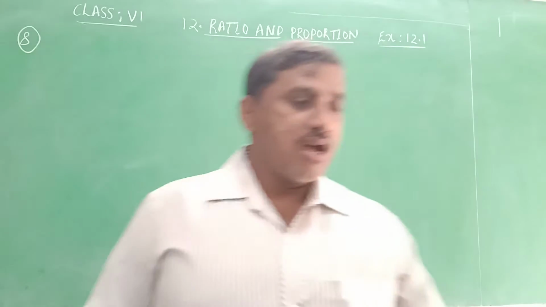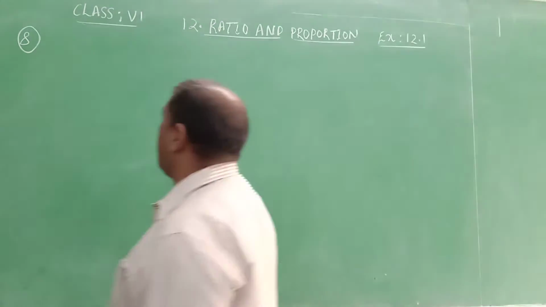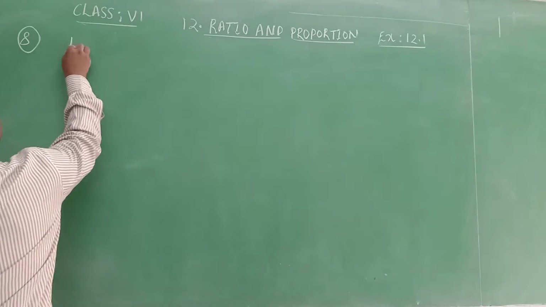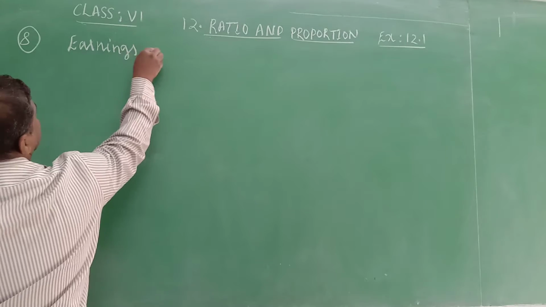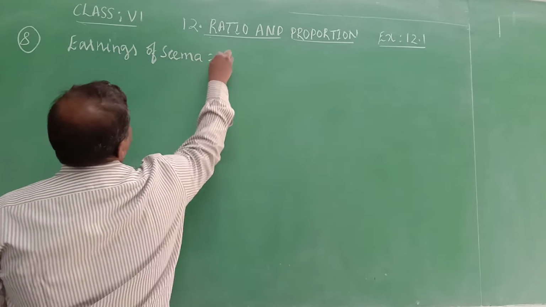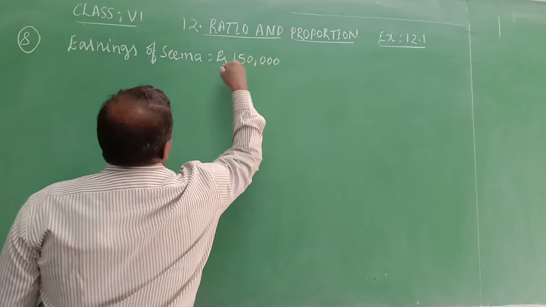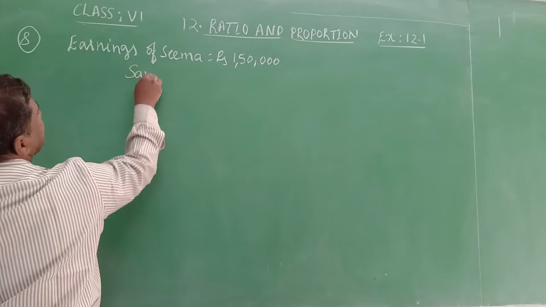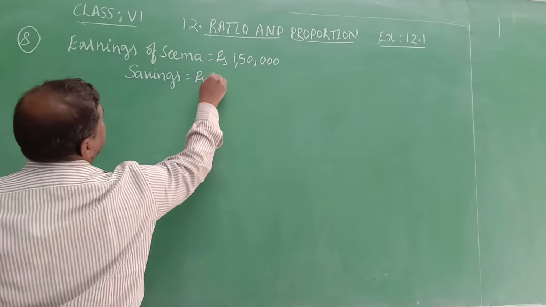Is it clear, children? So what are the earnings of Seema in a year? Yes, rupees 1,50,000. How much is her savings? It is 50,000 rupees.